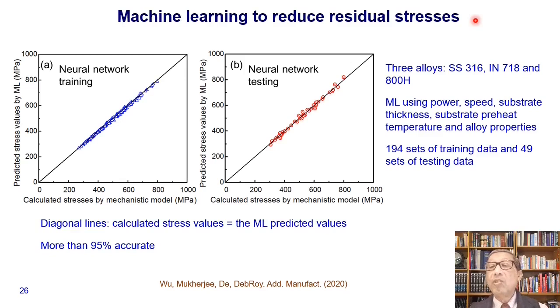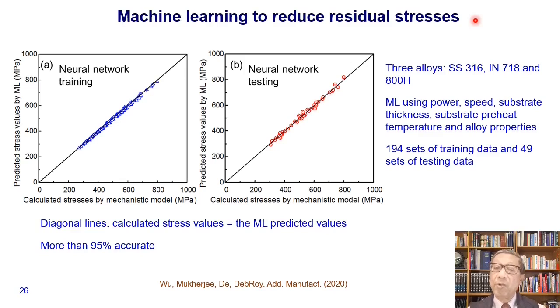Well, most of these residual stress mechanistic calculations are very time consuming. For modest size samples, it is not unusual for a simulation to take days. And so if we can reduce the time necessary for using those models, then it can perhaps be used on the shop floor.